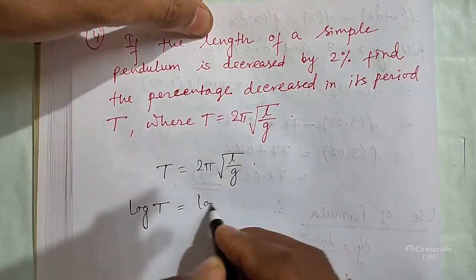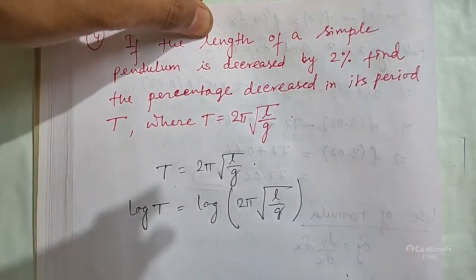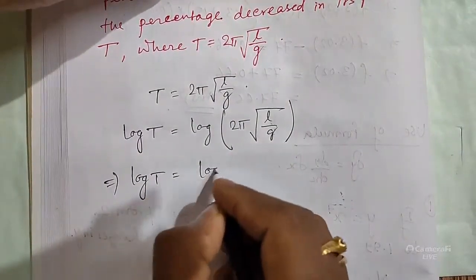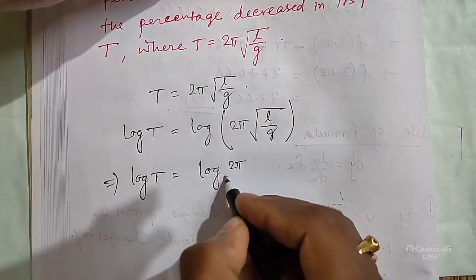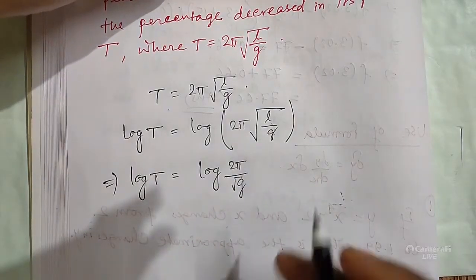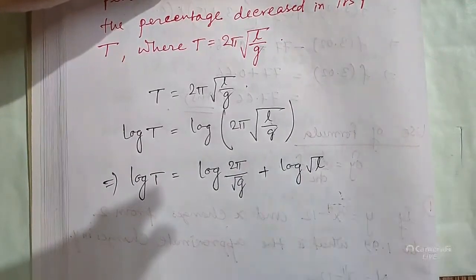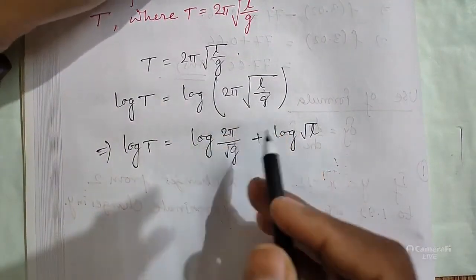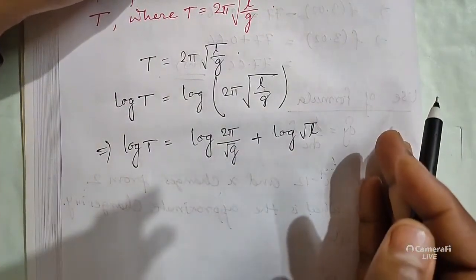This is equal to log of 2 pi root under L by G. That means log T is equal to log 2 pi by root G plus log root L. I have separated 2 pi by root G, and root L taken separately.